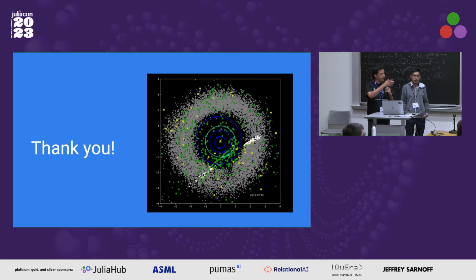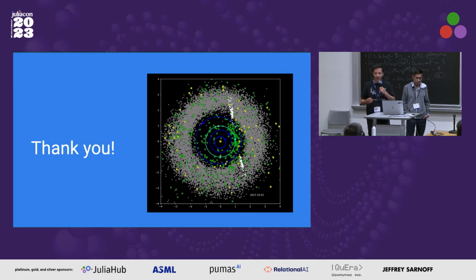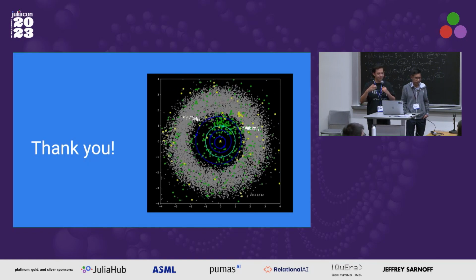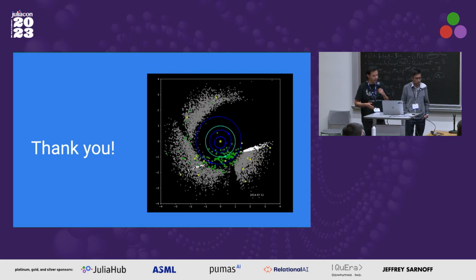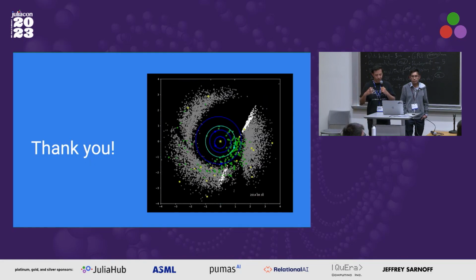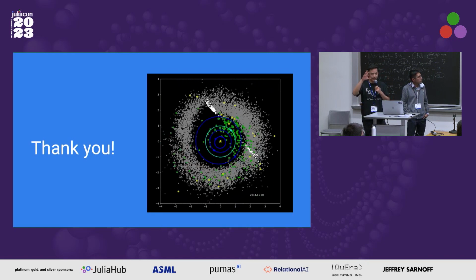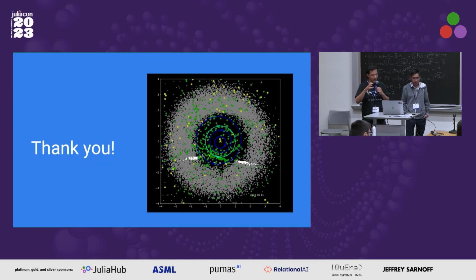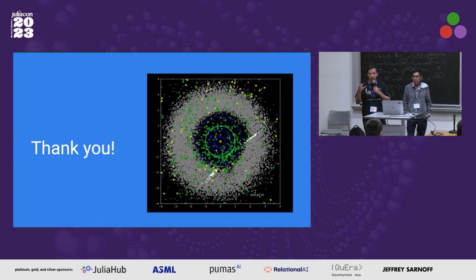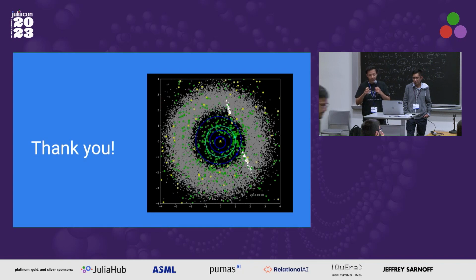And also, we didn't show all the details, but incorporating all the data sources, from NASA, from the International Astronomical Union, the Minor Planet Center, all the different data sources, we have been able to incorporate them very well using tools in Julia, for example artifacts, or Scratch.jl, which allows us to assimilate very different kinds of data.